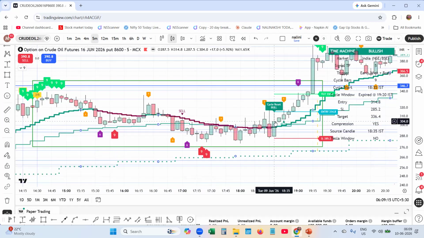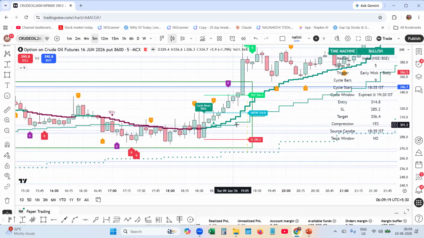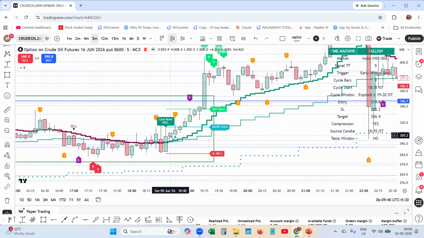This is the price. This is hourly, this is 50, and this is the internal range filter. This internal range filter crossing above the 15 minutes, ending the bear cycle, and it was a blast.